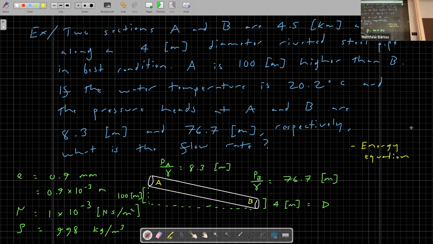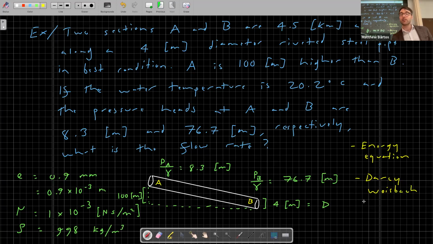What term in the energy equation are we not going to have direct access to? Flow rate. So that is true. There's another quantity in the energy equation that we won't know directly. Yes? Head loss due to friction. So what could we use to compute the head loss due to friction? What equation can we use? Darcy-Weisbach. So we'll need Darcy-Weisbach.